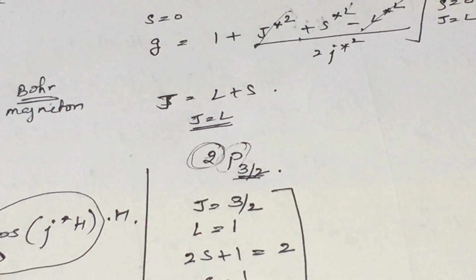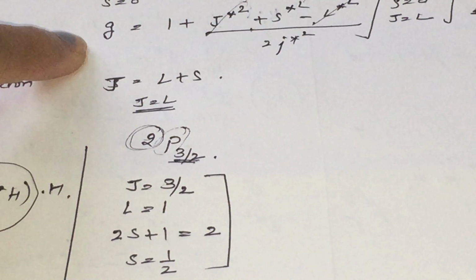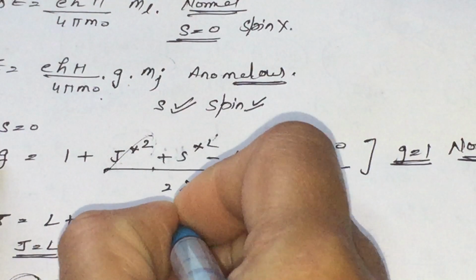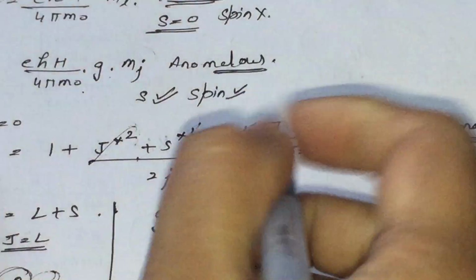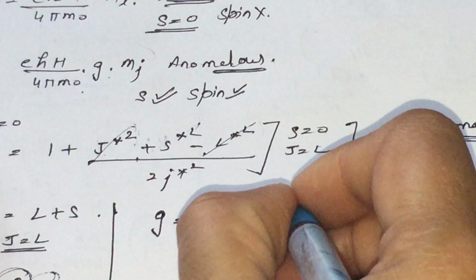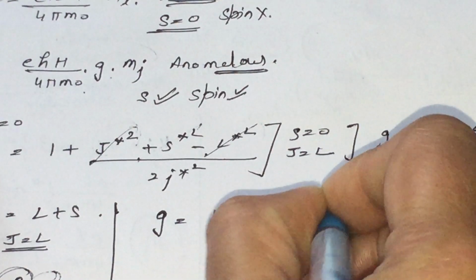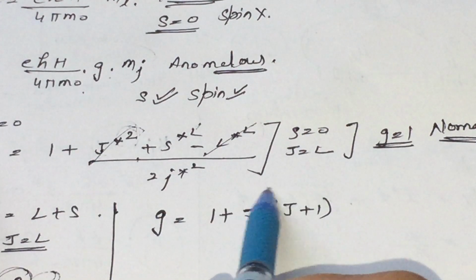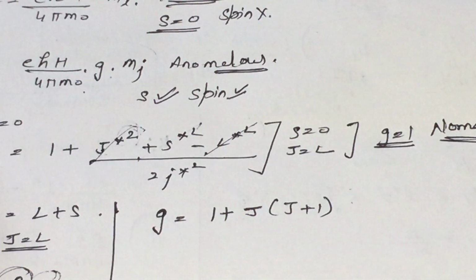I know all the values of the terms to find out the value of g, and from the expression g is equal to 1 plus J star square, in terms of quantum mechanics J star is under root J into J plus 1, and here I am putting the value of J star square. If I do the squaring of this, the root will cancel out the square.